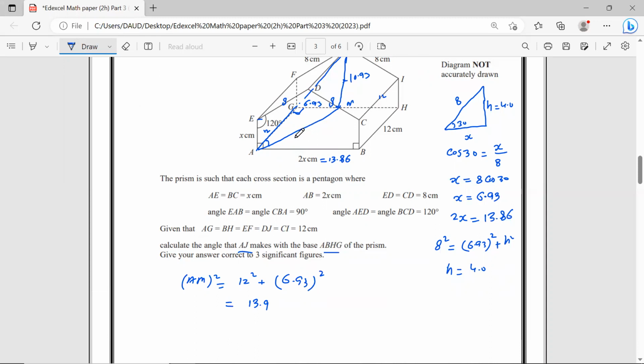So if you check this one, this is adjacent, which is 13.9, and here we have height. So opposite over adjacent, always tan.